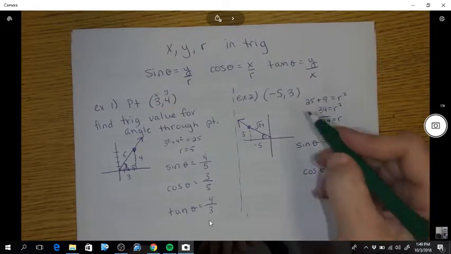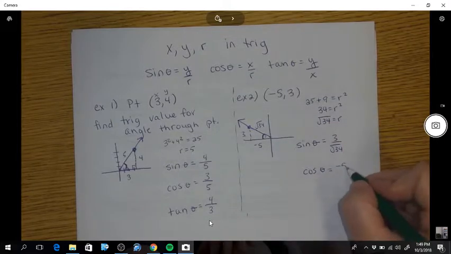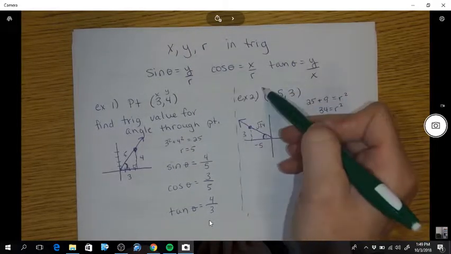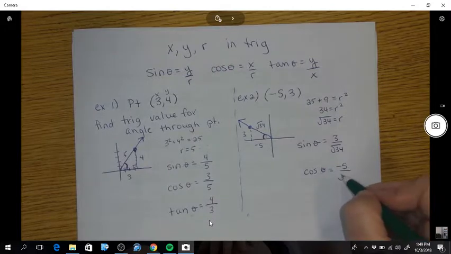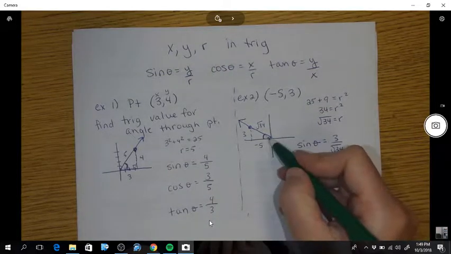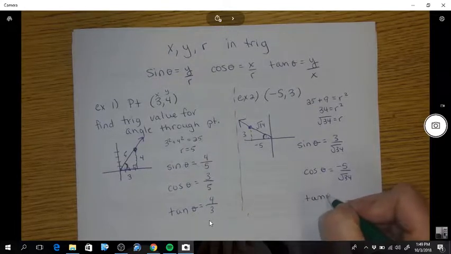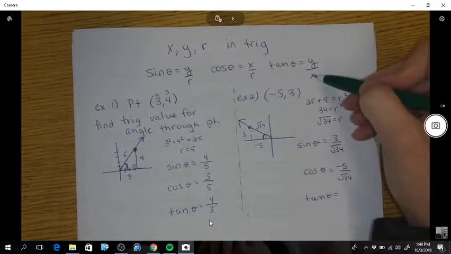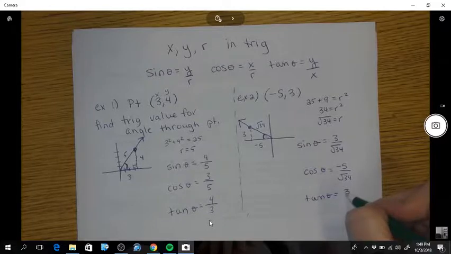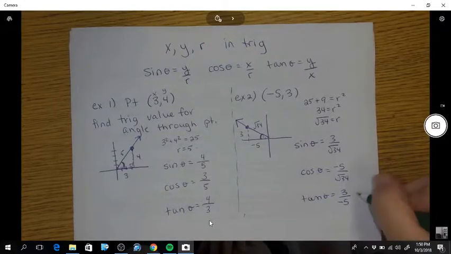Cosine is your x value over your r value, or you could do adjacent over hypotenuse. And tan is y over x, so that's 3 over -5.